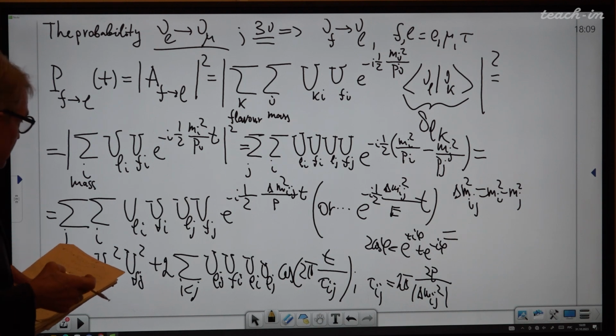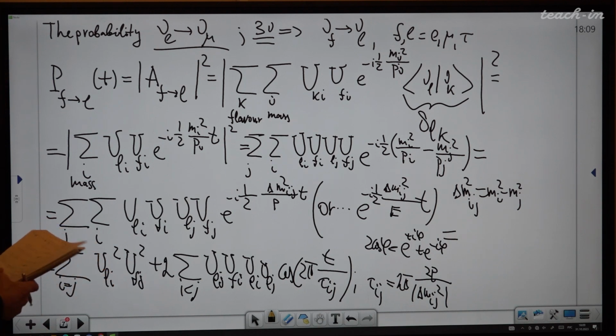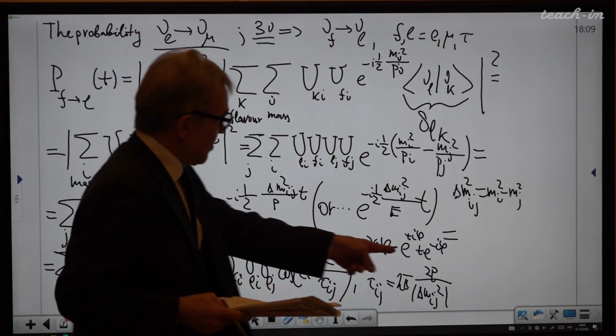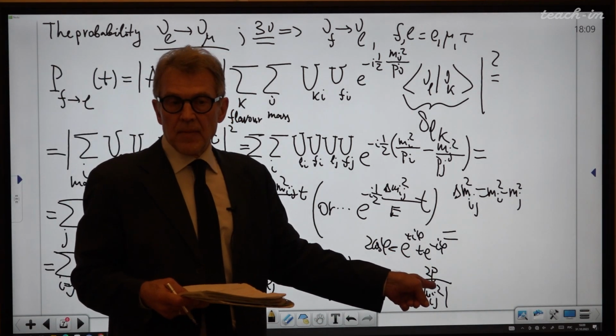So this is when we use the equal momentum prescription.